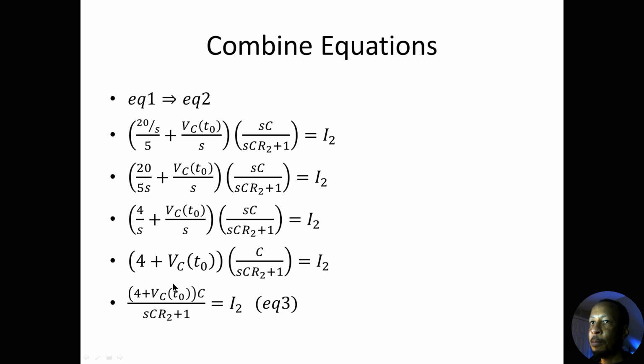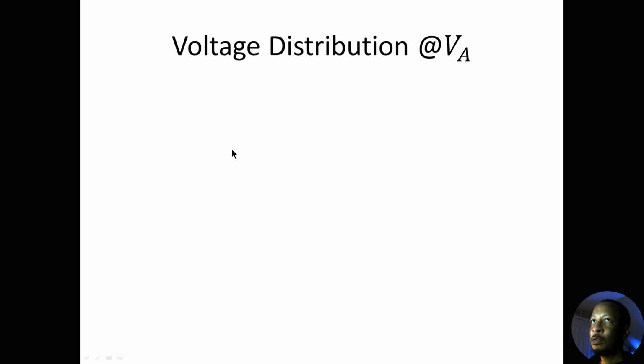And then for equation 3, I finally get 4 plus Vc of t sub 0, all of that times C divided by SCR2 plus 1. That's equation 3.